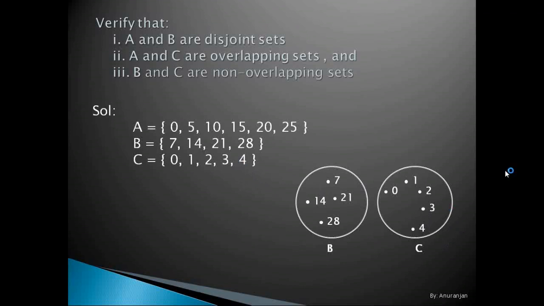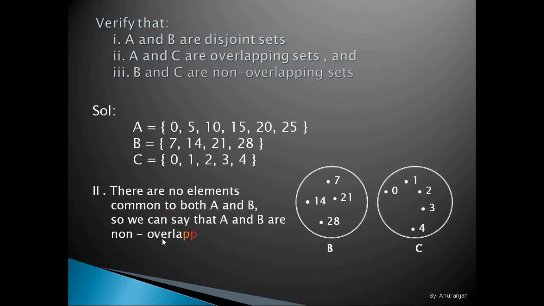So what we see here is that there are no elements that are common between the two sets. So what can we say? There are no elements that are common to both B and C. So we can say that B and C are non-overlapping sets, or simply we can say disjoint sets. Clear?